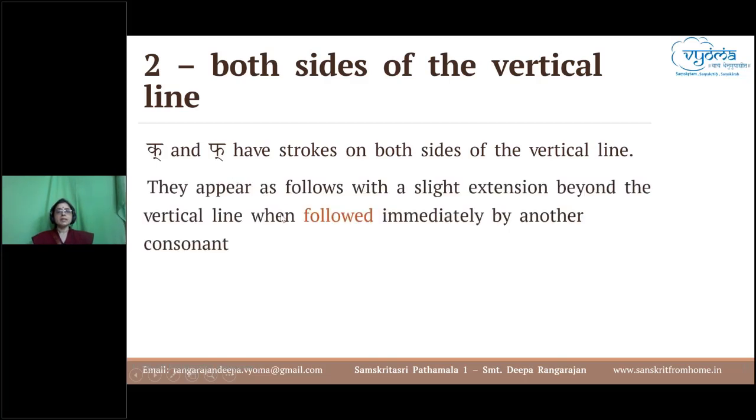They appear with a slight extension beyond the vertical line. You don't write the full k, you write 3/4 of it. Like you write this left hand side, you extend it a little bit to the right hand side and suppress the remaining portion, and that will indicate that it is a pure consonant and it has to be pronounced as k and not as k.